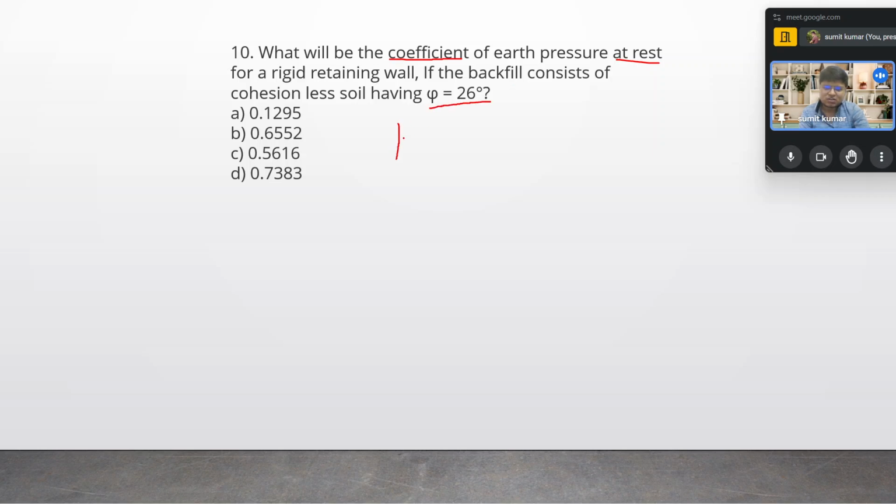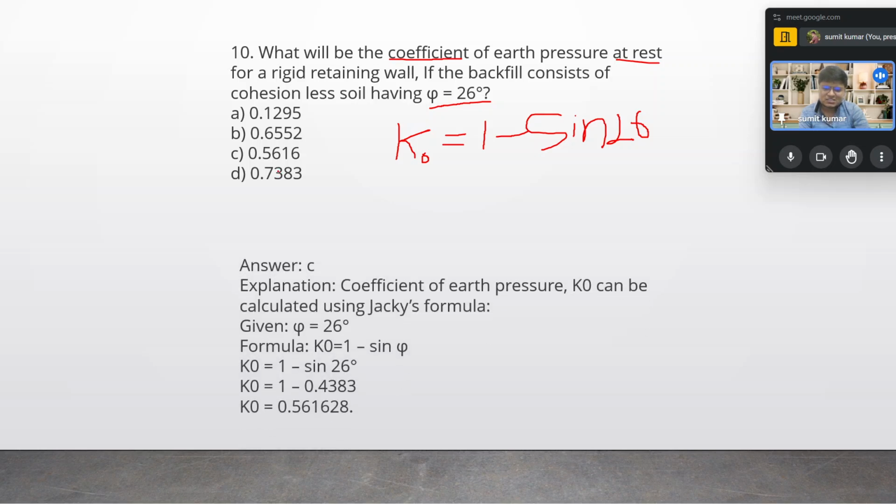So for the rest condition, K naught equals 1 minus sin phi, that is 1 minus sin 26, and that value is going to be 0.5616. So the correct answer is C.